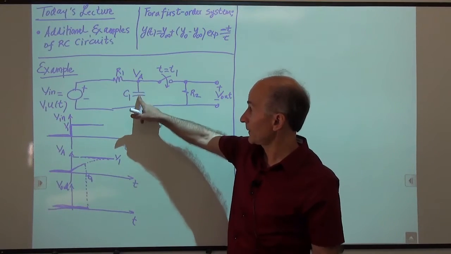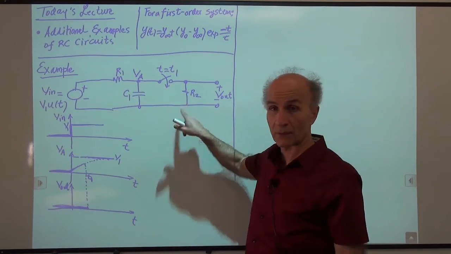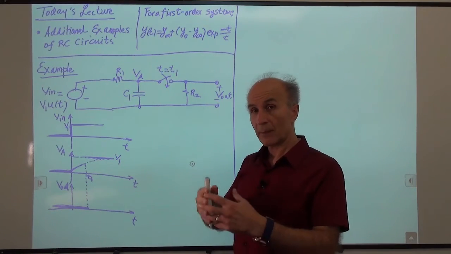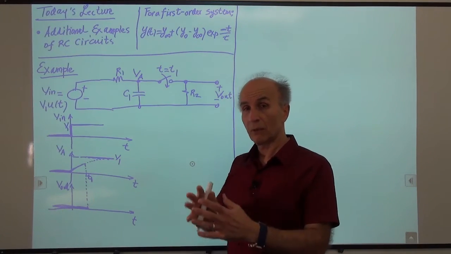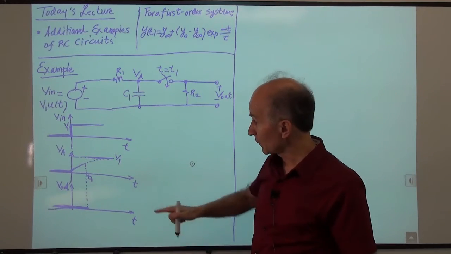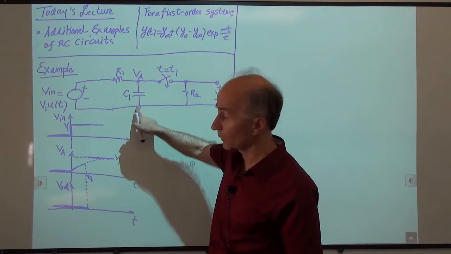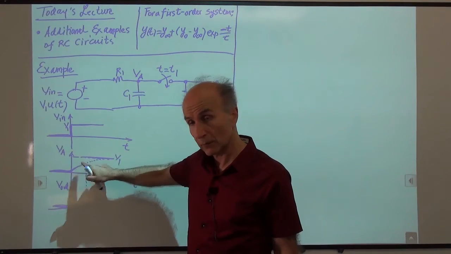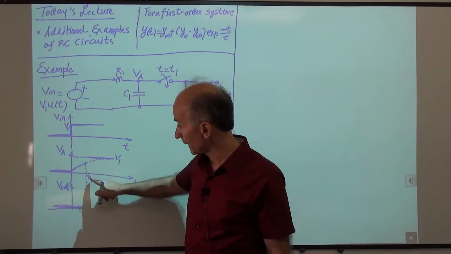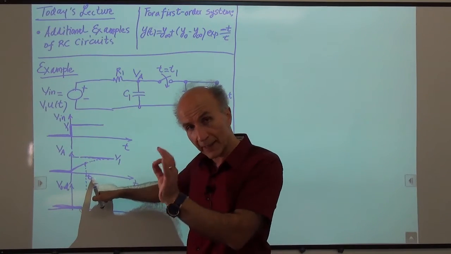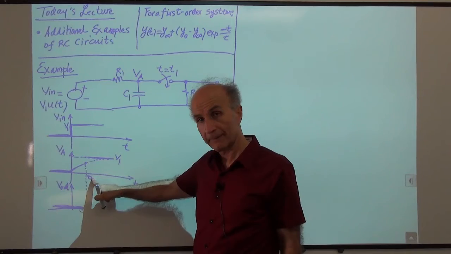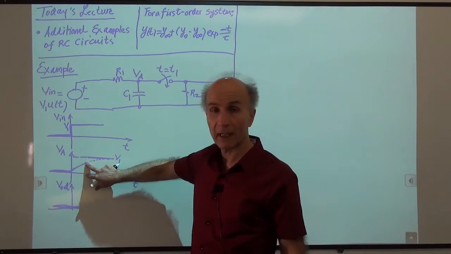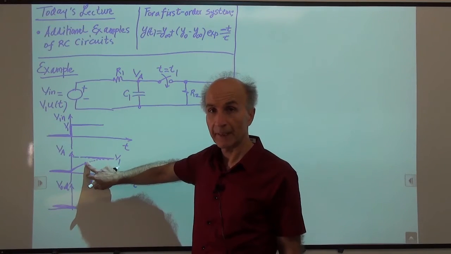Any current going through this capacitor has to come through this resistor or that resistor, so it cannot be infinity. So if the current to the capacitor is not infinity, the voltage on the capacitor cannot jump. So this voltage, VA, which happens to be across C1, cannot jump right after this point, right? So this voltage has to still be here at t1 plus, just after the switch has turned on. Okay, so the voltage on the capacitor holds at this value for a little while, right?